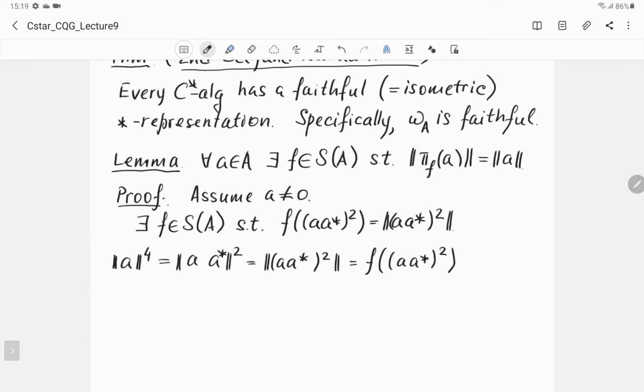Okay, now let's recall the inner product on the Hilbert space of the GNS representation is determined by the functional f. And in particular, this number is nothing but the square of the norm in the respective Hilbert space of the following element, lambda f applied to A star.